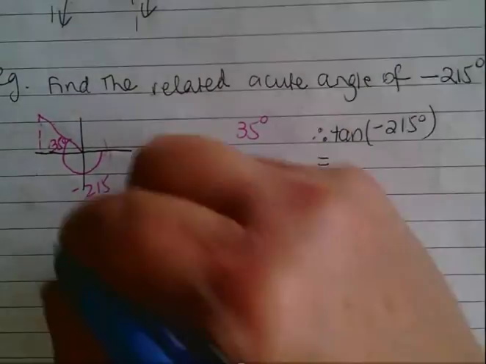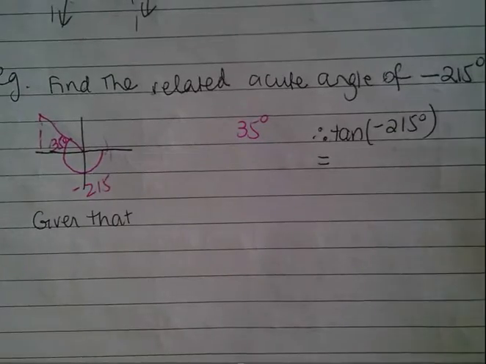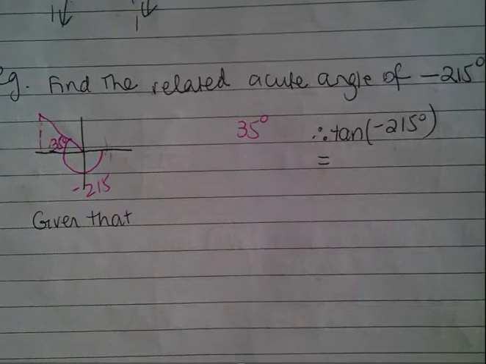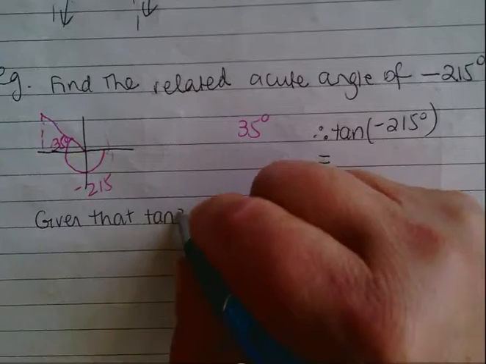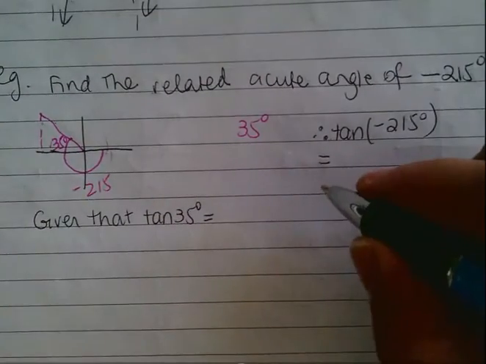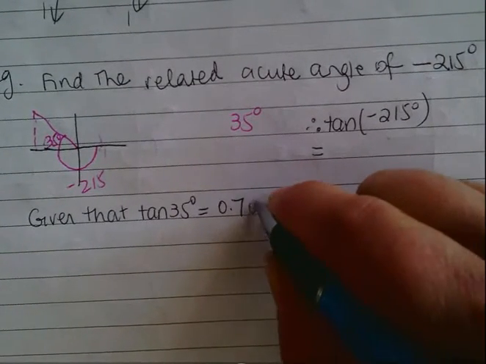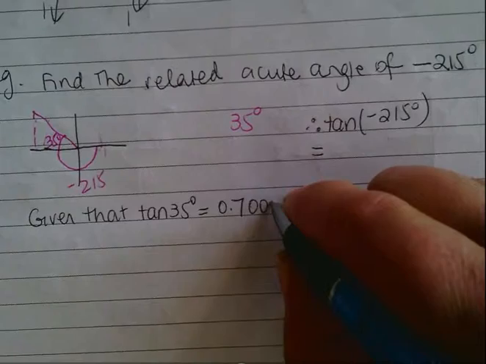Actually, I'm going to say, given that, can someone tell me what tan of 35 is, please, on your calculator? Yep. 0.7002. All right.